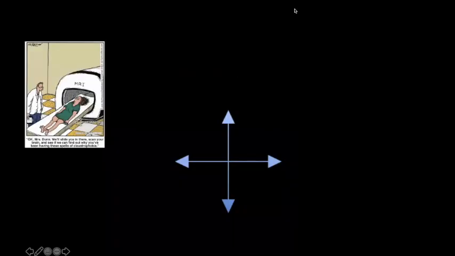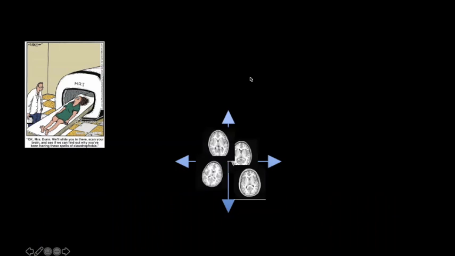So registration, when you acquire an image in the scanner, basically each scanner has its own arbitrary reference coordinate system. And the idea is that every image you acquire lives somewhere in that coordinate system.